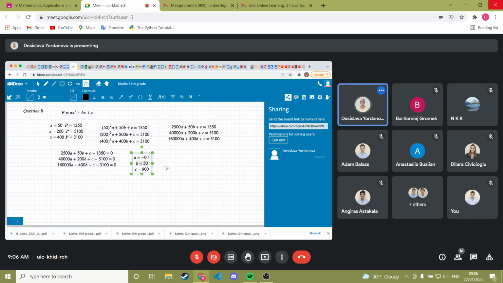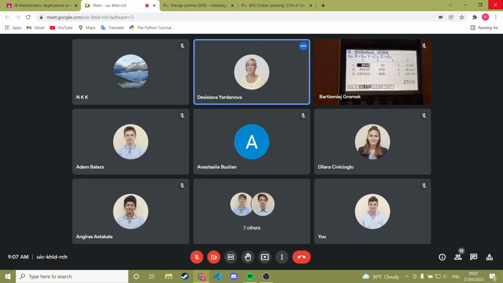Because I got minus 0.150 and I'm still on C. I can show you my calculator. I mean, I put down these values. They're correct. Just a second. And C equals negative 900. Switch between the... let me see now.